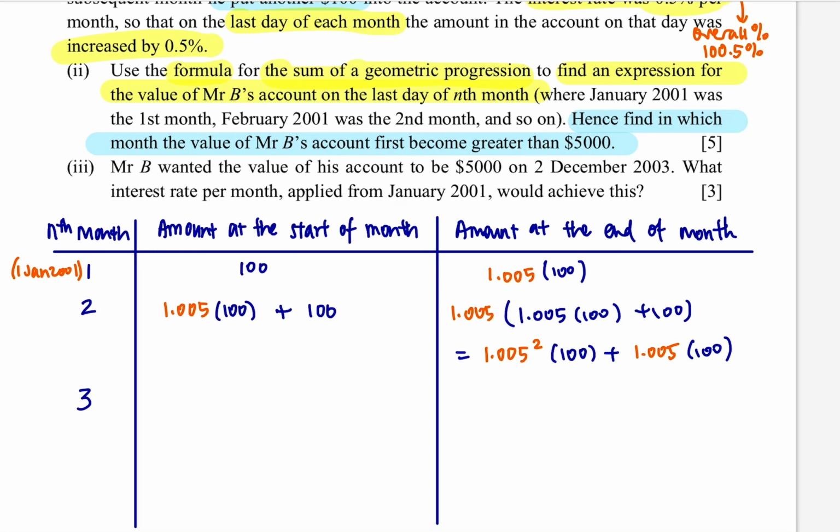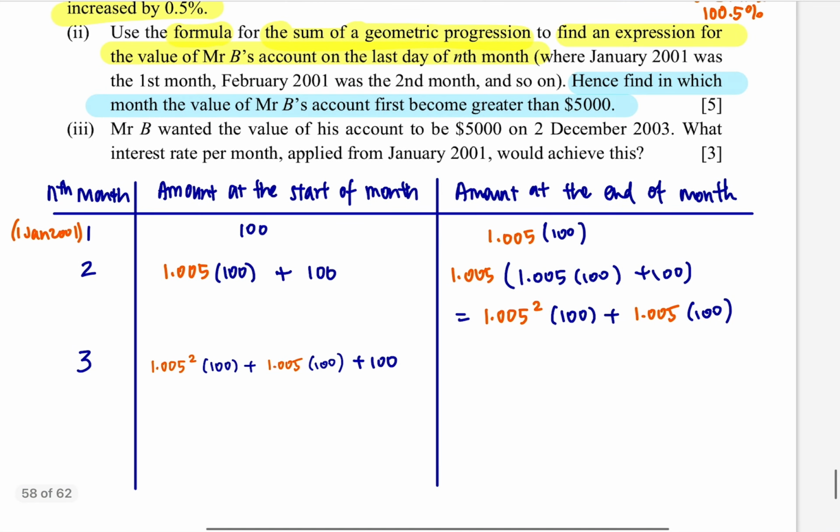What about at the start of the third month? So I'm just copying whatever I have here. Okay, and then don't forget I need to add $100, right? Okay, and then I will plus 100.